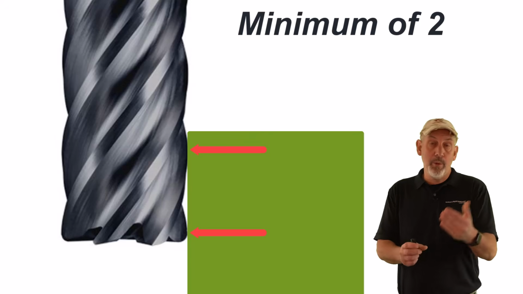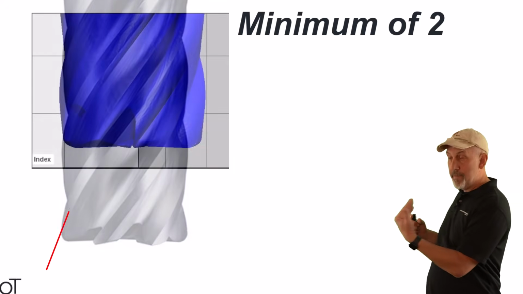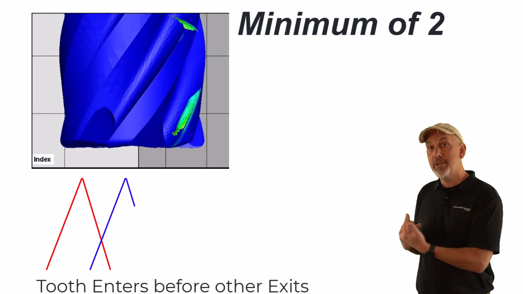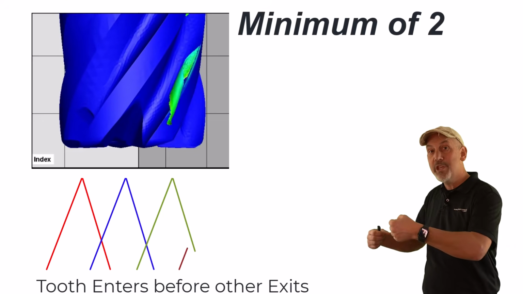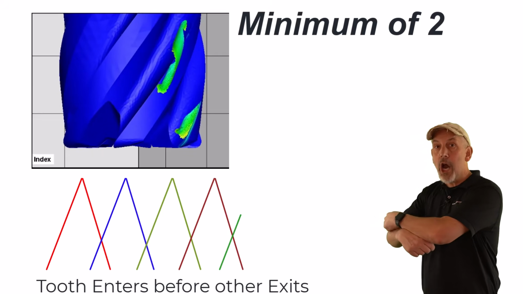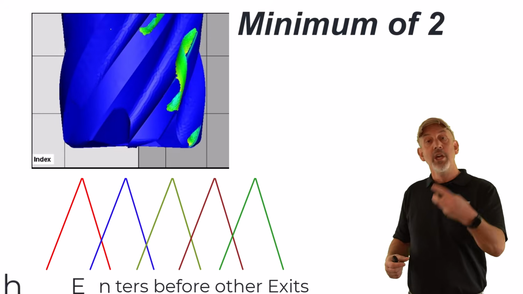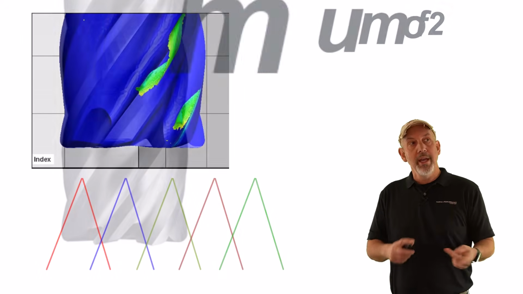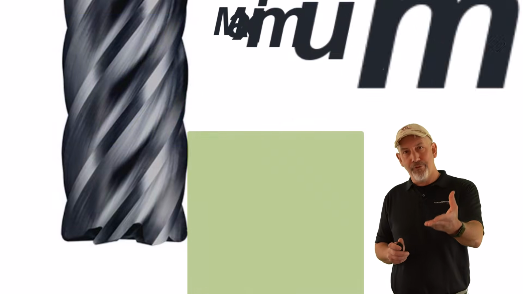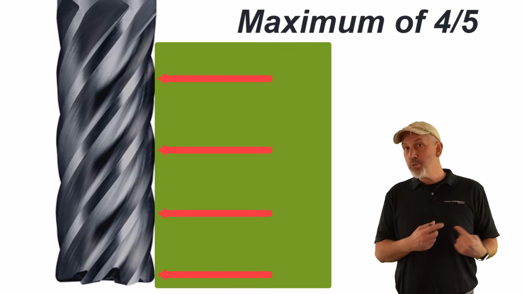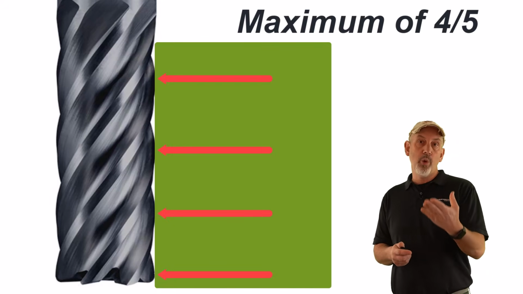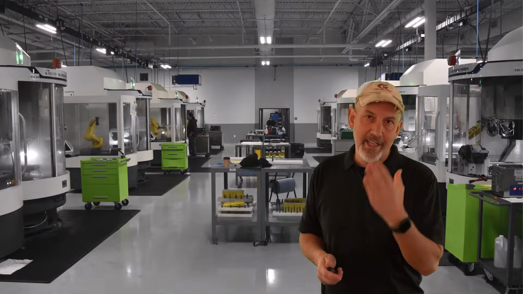I want 2 in there, which means when one exits, you better have that other one already in the material, because when you have 2 in there, when you're making a chip, believe it or not, it hugs the material and it sucks it into the material so it doesn't deflect. So I want a minimum of 2, and I probably want a maximum of 4 or 5. That's what I'm shooting for in order to stabilize the cutter and give you the best performance.